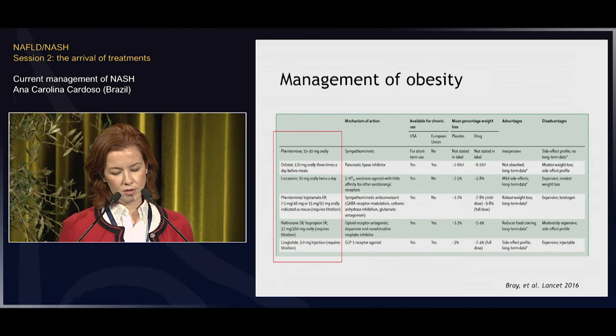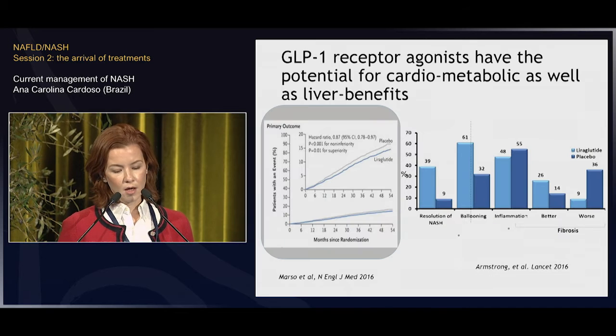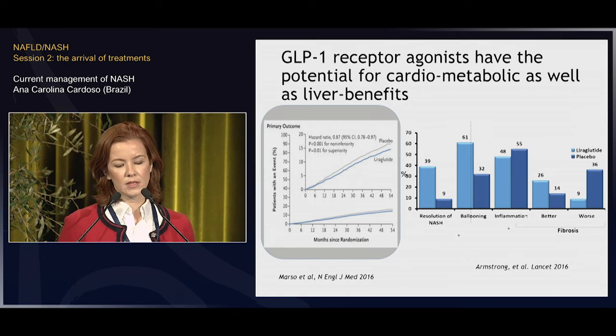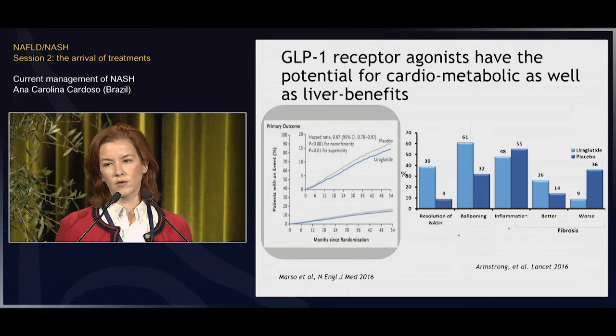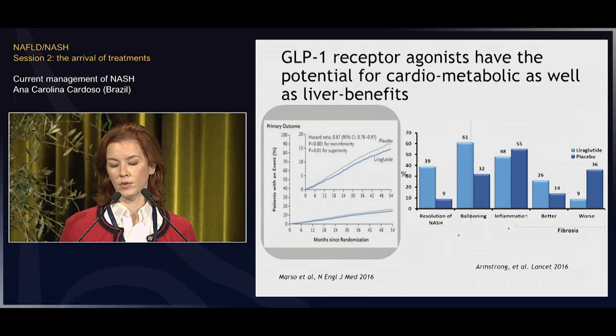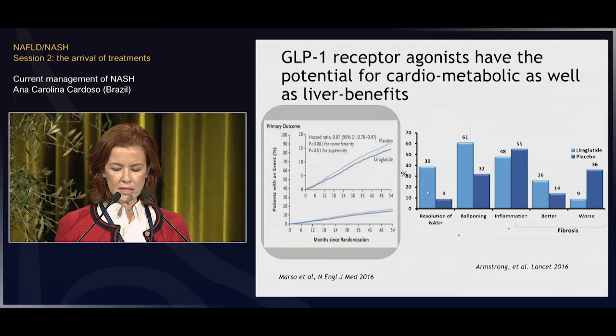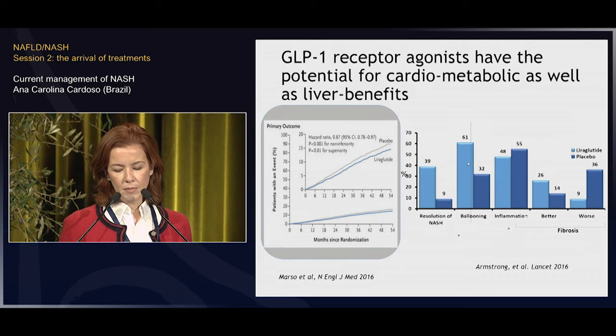These are some of the drugs that were proposed. The approved drug that we use is the GLP-1 receptor agonists that have a potential for cardiometabolic and liver benefits. As you can see here, in this article published in 2016, comparing liraglutide to placebo, we had a resolution of NASH, ballooning, and inflammation, and we have better fibrosis in patients that took liraglutide than in those that received placebo.